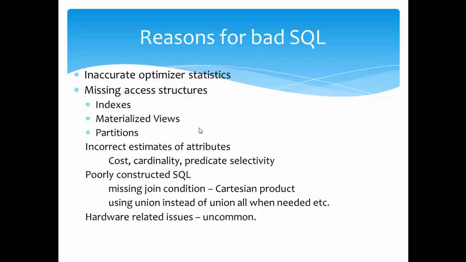Missing access structures are things like indexes, materialized views, partitions, incorrect estimates of attributes, cost, cardinality, predicate selectivity. Poorly constructed SQL includes a missing join condition, which could result in a Cartesian product, or using union instead of union all when needed.